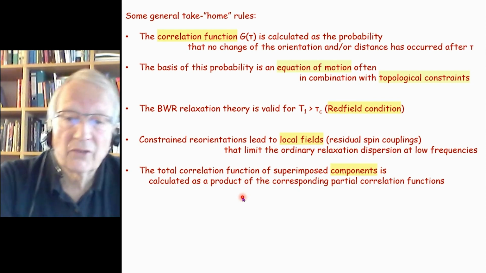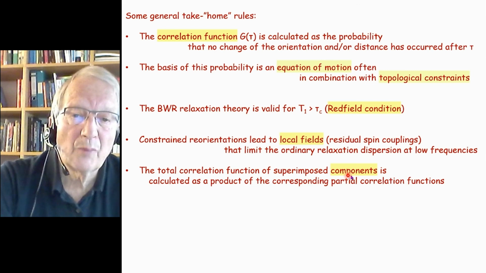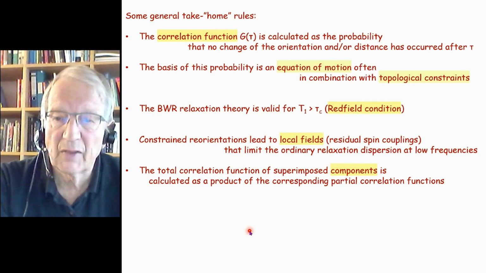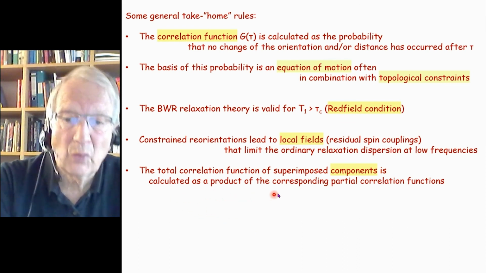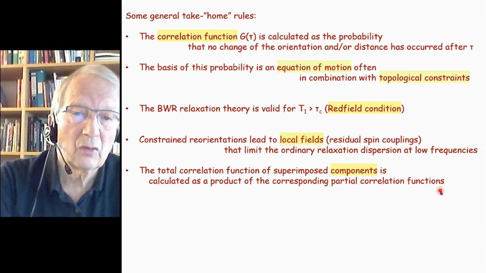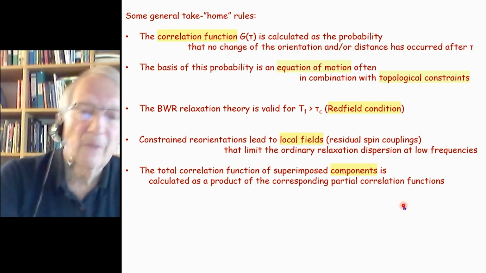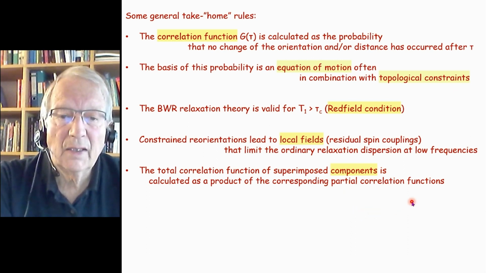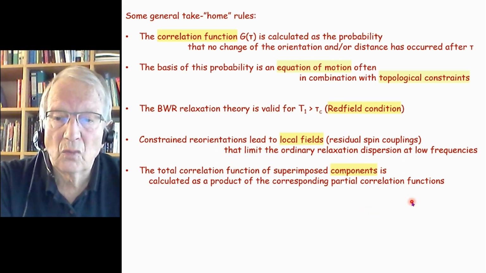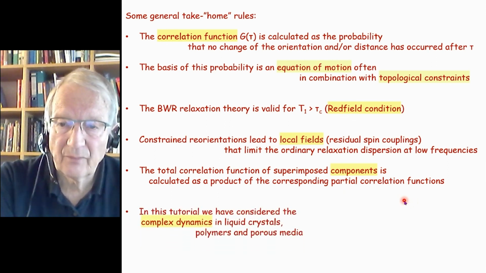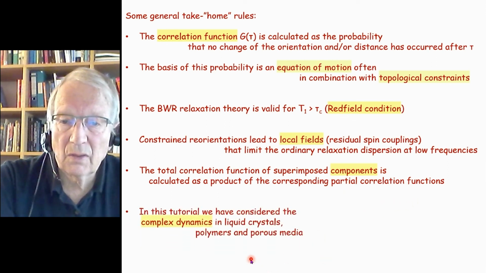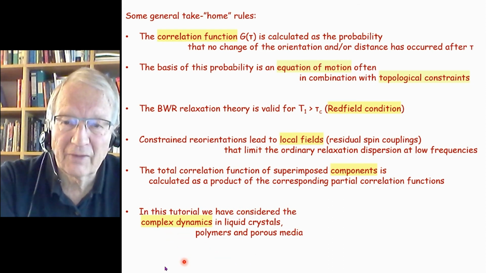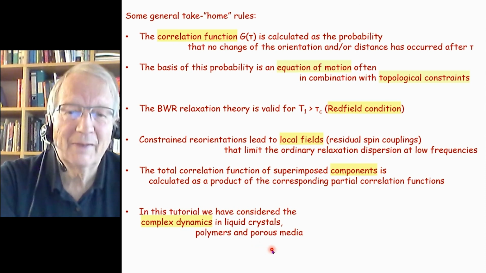The total correlation function of superimposed components, as they often occur in complex materials, is calculated as a product of the corresponding partial correlation functions, and only in favorable cases can we make approximations leading finally to a sum of relaxation rates. So in this tutorial we have seen rather complex dynamics: liquid crystals, polymers, and porous media.